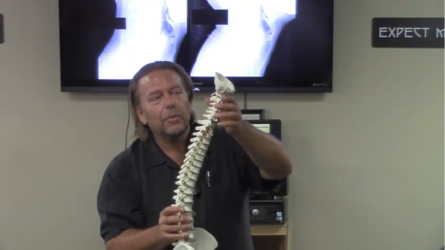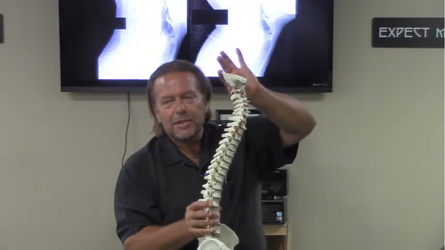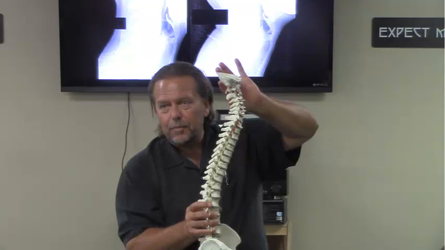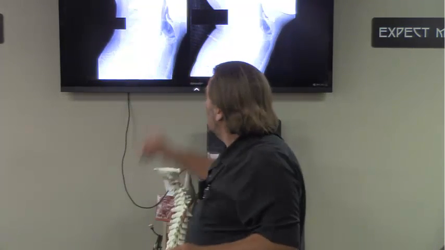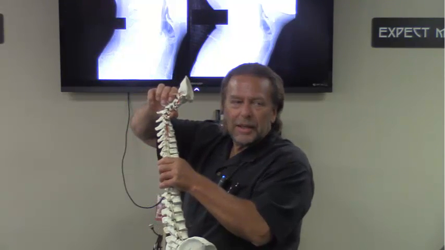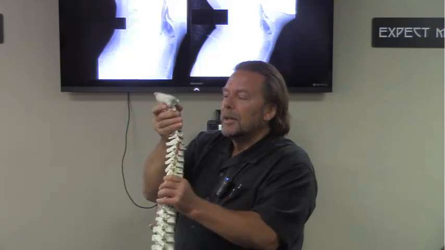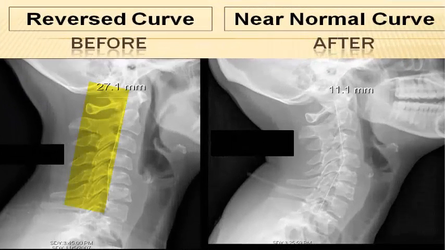Now, when you look at the neck, we're also going to talk about how the brain doesn't stop at the skull. It extends its top portion down. But the body's really intelligent. When you look at this neck on the left, that's actually a reversal of the curve. There's a ligament that runs down the inside of this area right here, called the posterior longitudinal ligament.